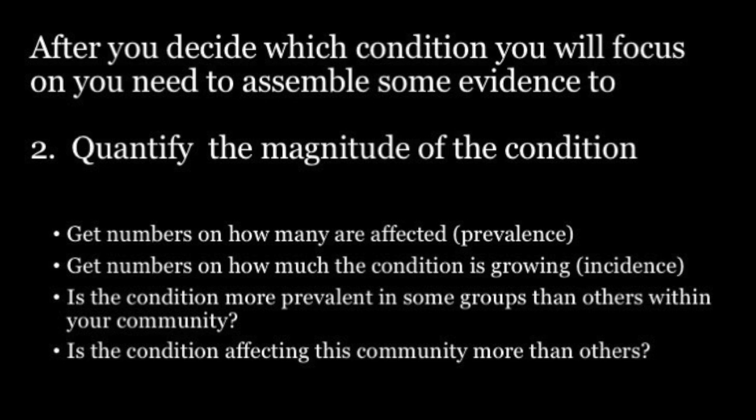You probably will be needing also some numbers on how much the condition is growing over a period of time, right? This is the incidence. You may also ask if the condition is more prevalent in some groups within your community than others, or whether this condition is worse in your community than it is in others, or is it better in your community than it is in others.